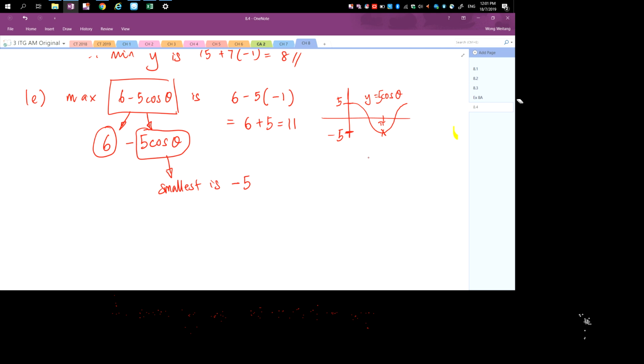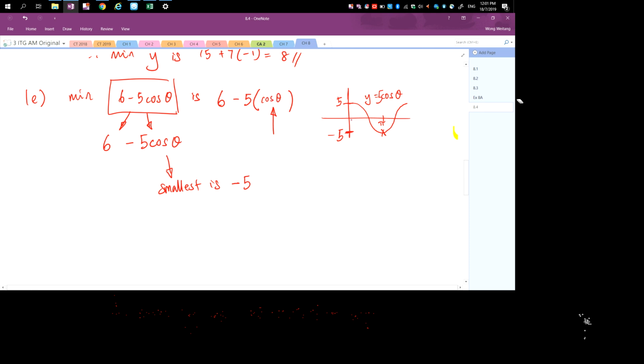So in the same way, I want the minimum value. Minimum value of 6 minus 5 cosine theta is going to be 6 minus 5 times something. What goes into the bracket? This was originally cosine theta. This is the only thing that I can change.